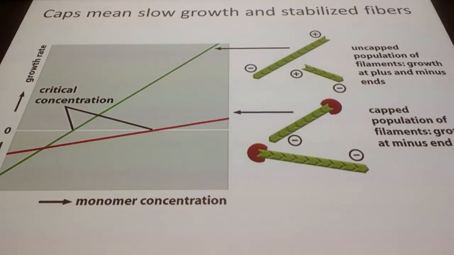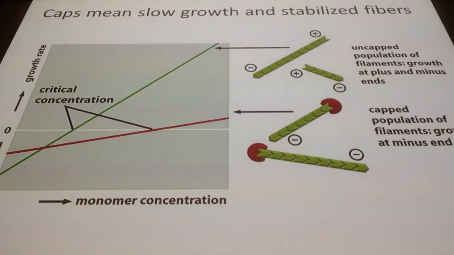The capping protein will prevent both polymerization and depolymerization. I'll explain polymerization and depolymerization, which is slightly different from talking about assembly and disassembly. So again, a capping protein will prevent both polymerization and depolymerization, and by doing this, the microfilament will now be stable.